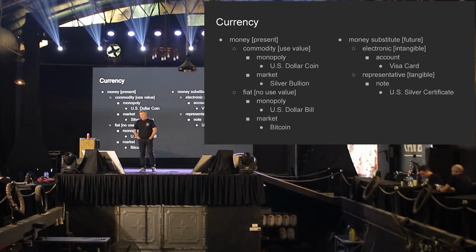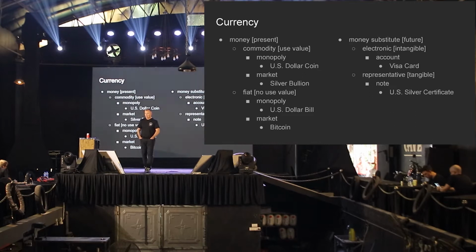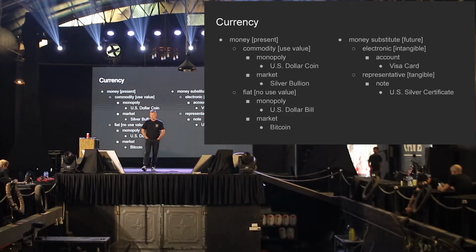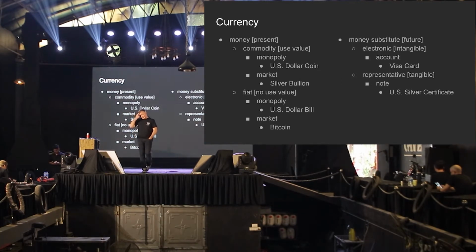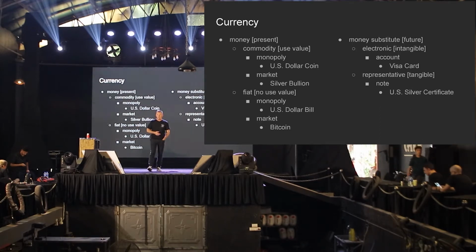So under commodity money, we have monopoly money, which would be the US dollar coin. Nobody else can produce those, but they can have any kind of melt value and still be called dollars, and so people can be compelled to trade them for something at dollar value. Market money, which is commodity money, is generally measured by its weight, like silver bullion.